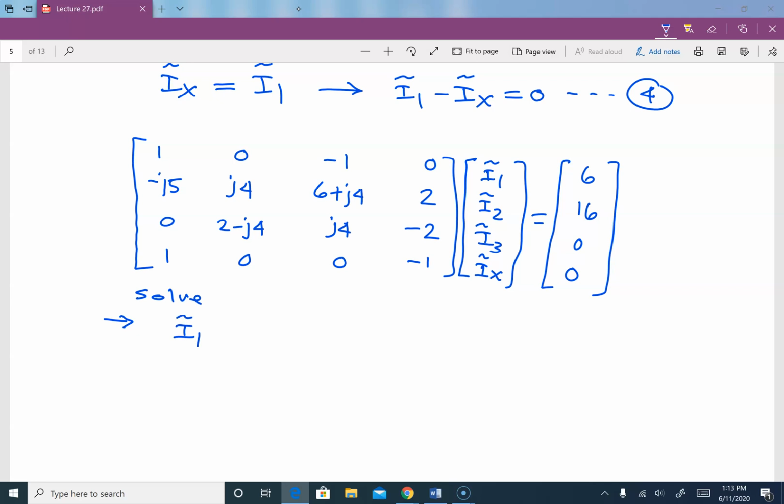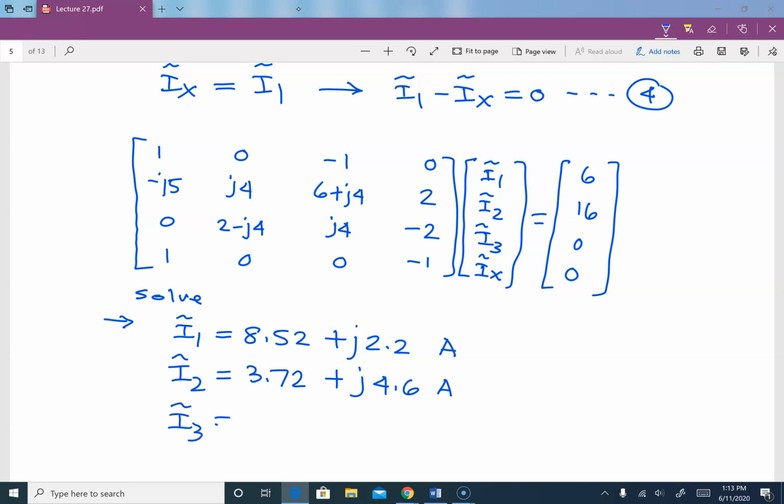Our I1 is equal to 8.52 plus J 2.2 ampere. I2 is 3.72 plus J 4.6 ampere.